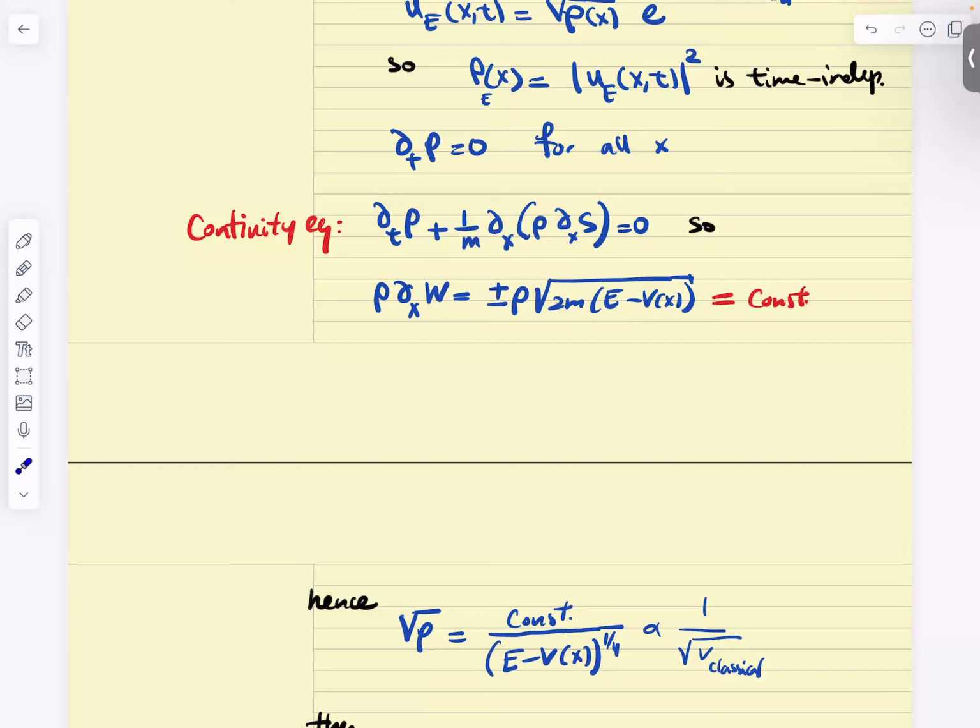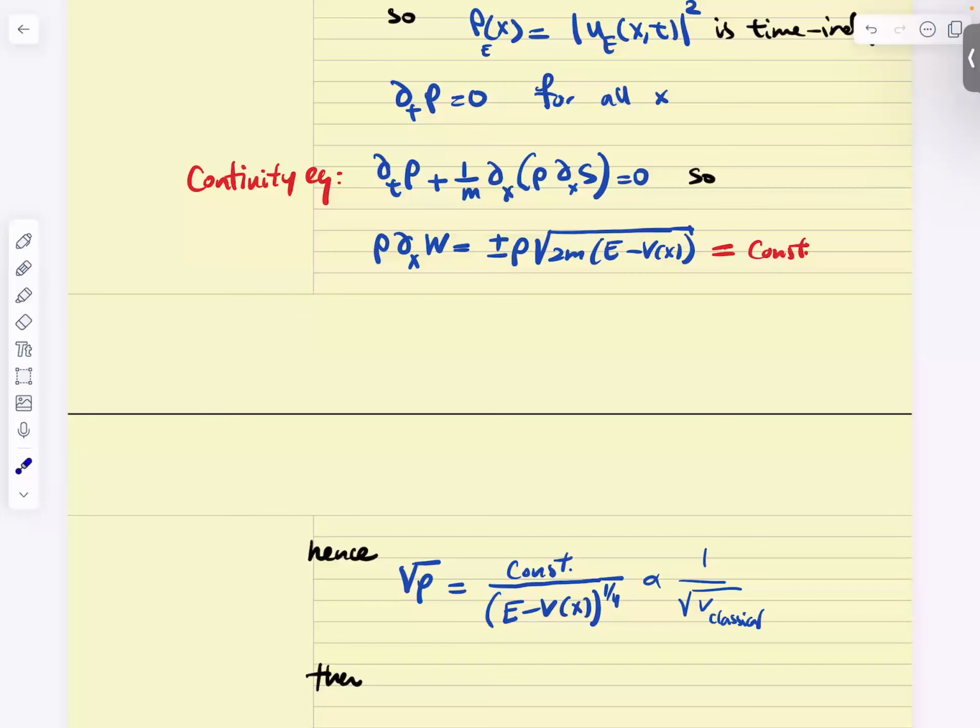Just one line of algebra. There's really nothing fancy there. And remember that E minus V is roughly speaking classical momentum squared over 2m. So this is roughly speaking like 1 over square root of classical velocity, if it existed. But it doesn't. Good?